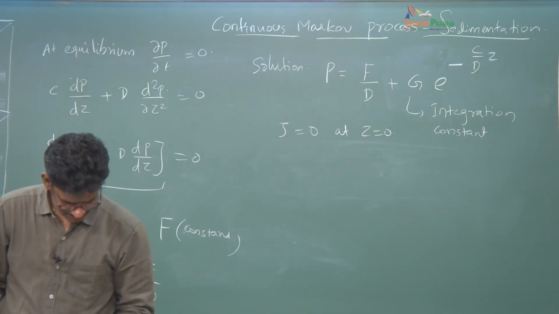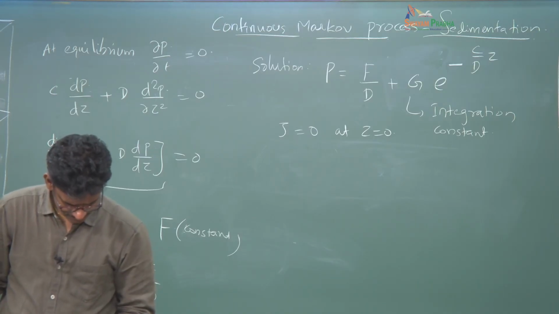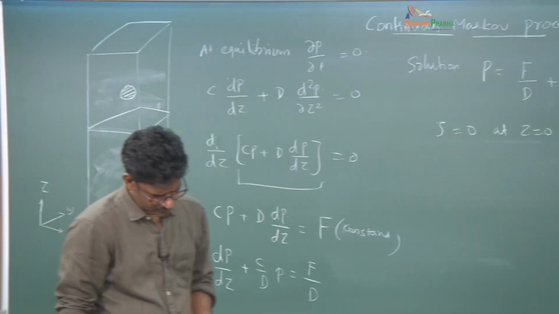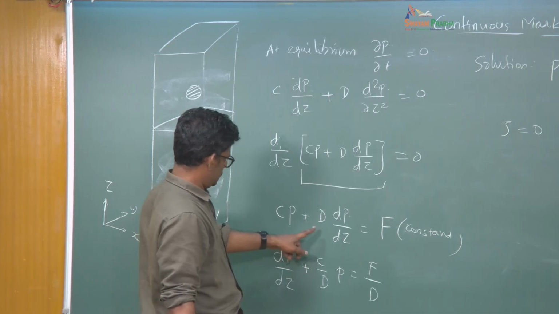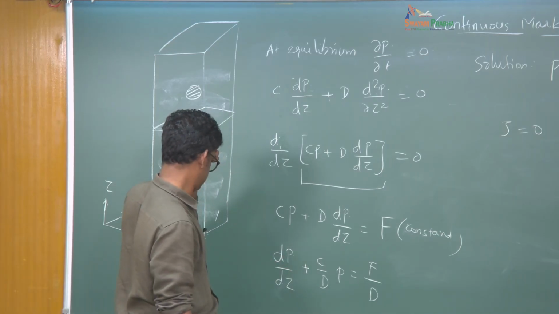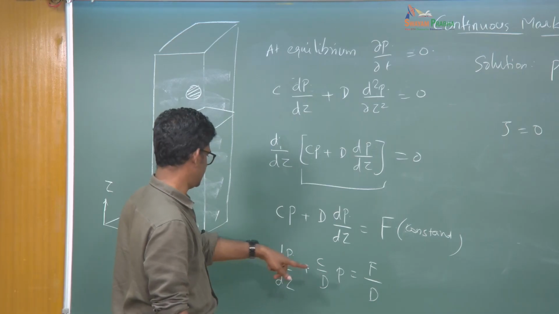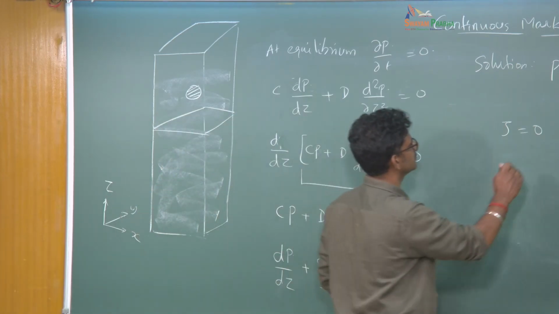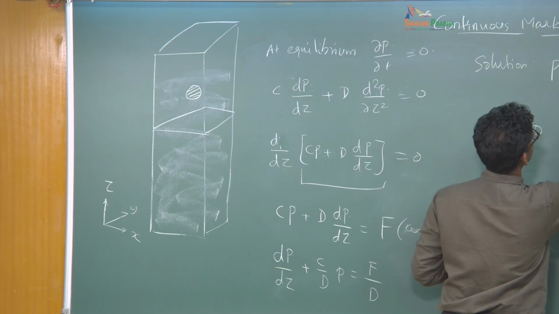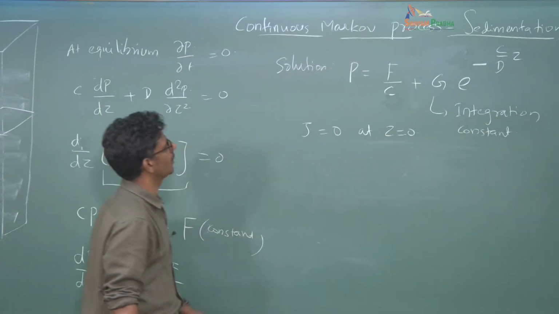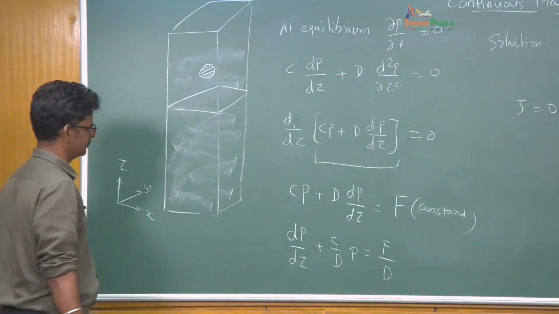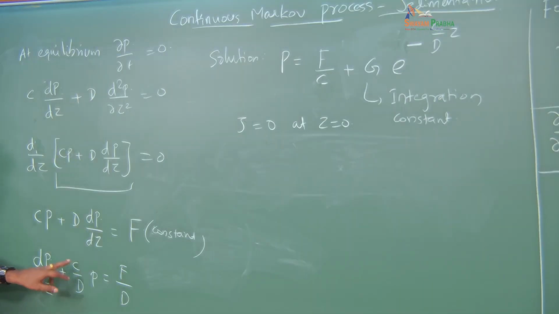Okay. Oh yeah, because I think D will get cancelled, you'll get C. So you get F by C here, like this.